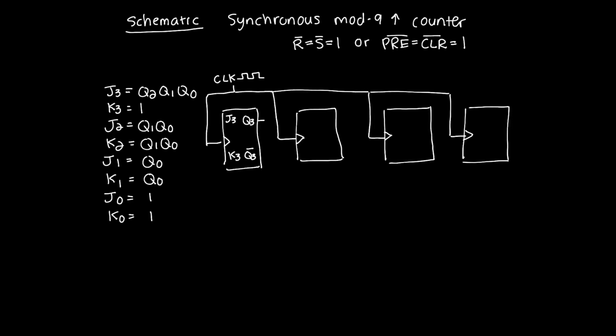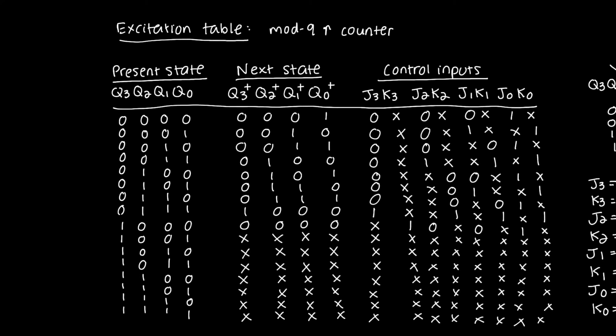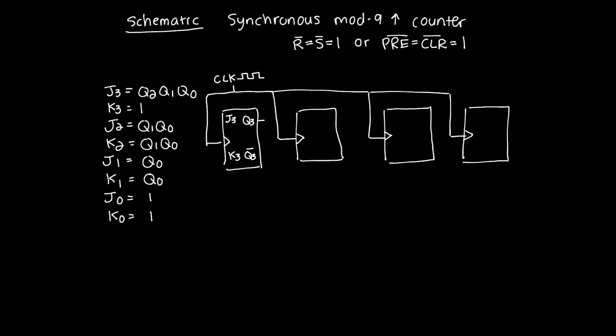But in a synchronous counter, if you look at the excitation table over here, I've implicitly said that the present state is determined by the Q outputs, not the Q bar outputs. So let's continue. I have J2, K2, Q2, Q2 bar. J1, K1, Q1, Q1 bar.